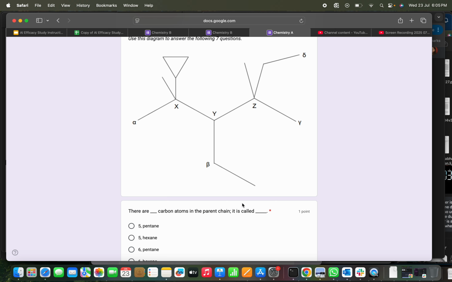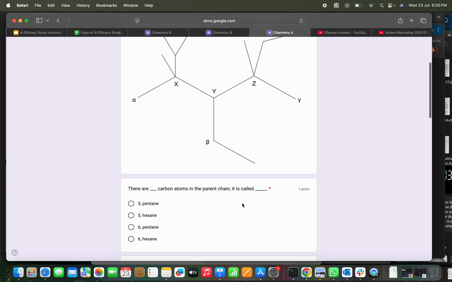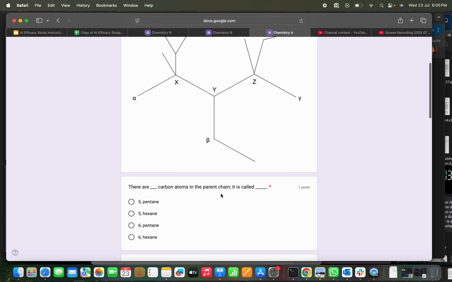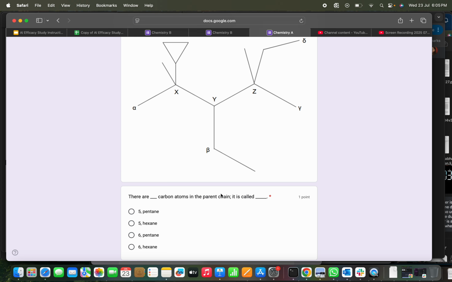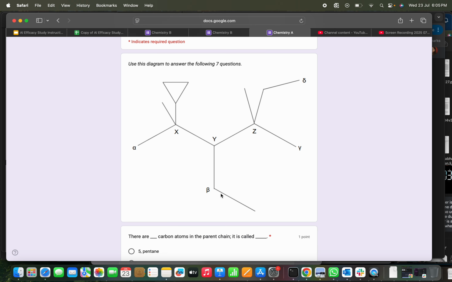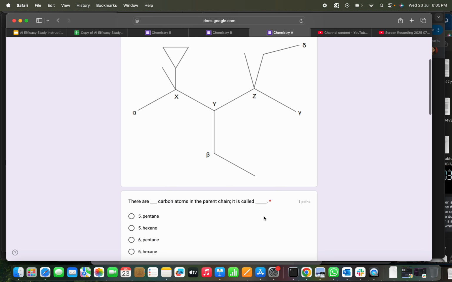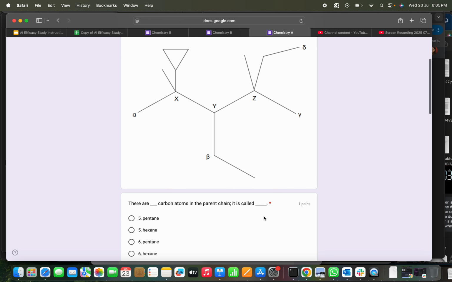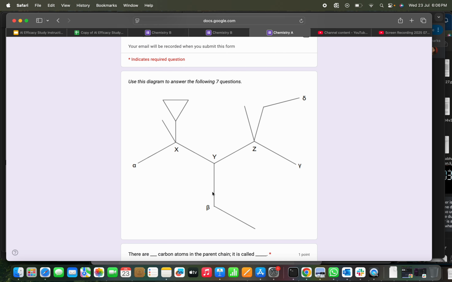Okay, so this looks much more scarier than before. There are some carbons present in the parent chain, and it's called pentane or hexane. So the parent chain is supposed to have the largest number of carbon atoms. So if I start from here, 1, 2, 3, 4, 5, 6. This is anyway there. 1, 2, 3.